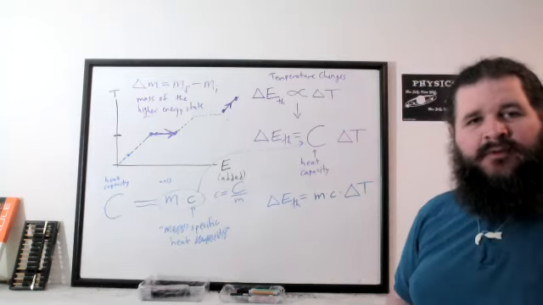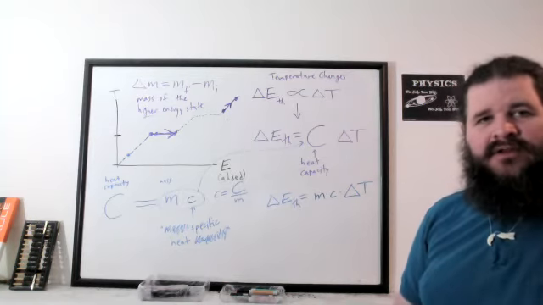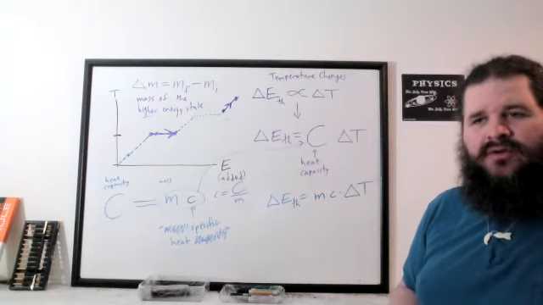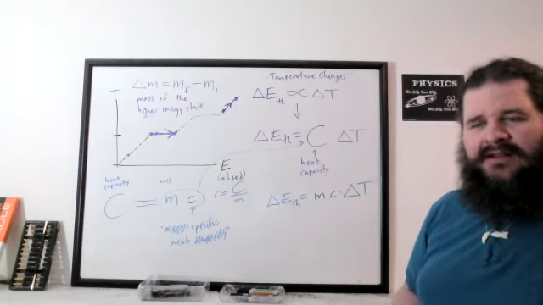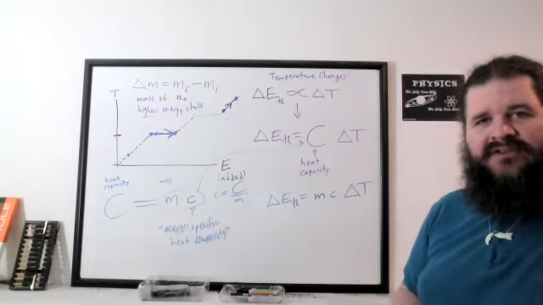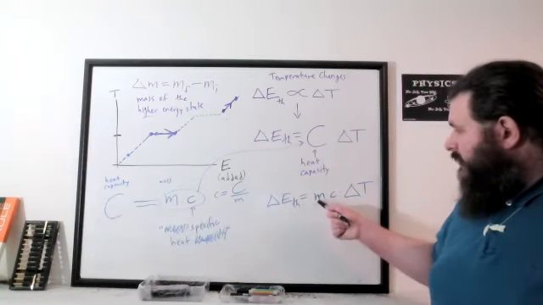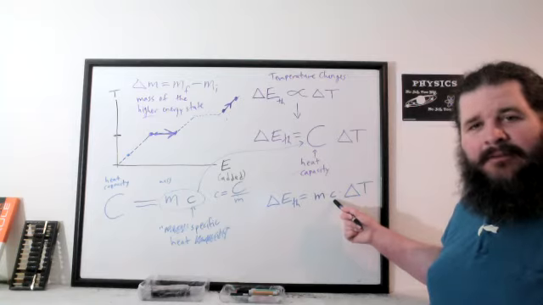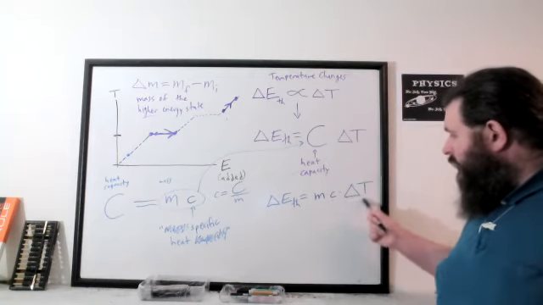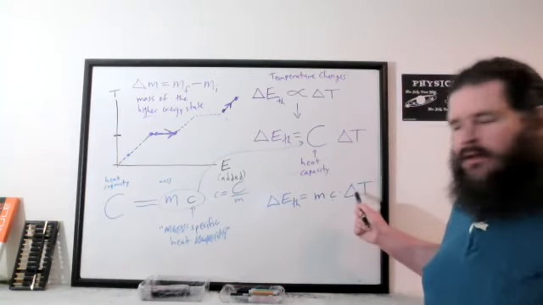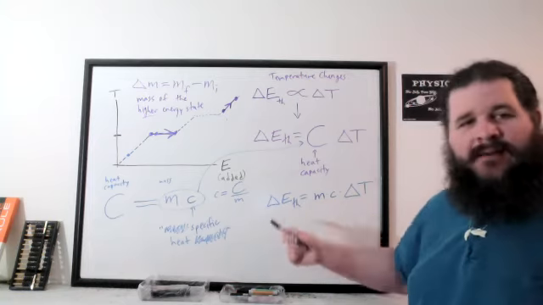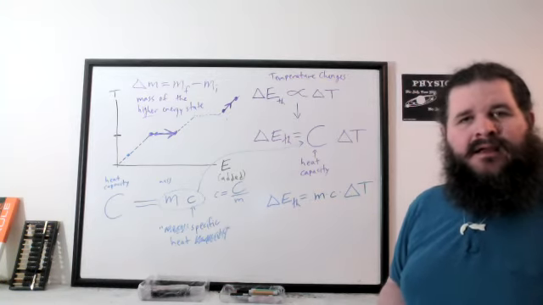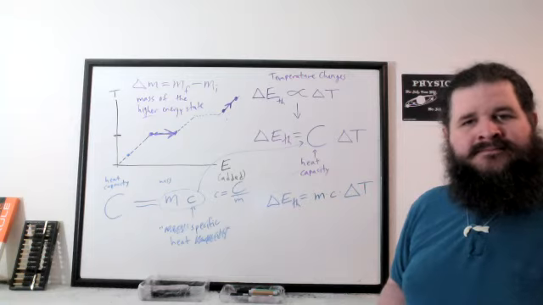So this becomes a much more practical formula that we can actually use. If you want to know, for instance, how much energy it takes to heat up 3 kilograms of iron by 5 degrees Celsius, you just plug in the amount of iron here, look up the specific heat of iron on a data table, plug in how much you want the temperature to change here, multiply those together, and that tells you how much heat it costs to make that happen. Any questions on that so far?